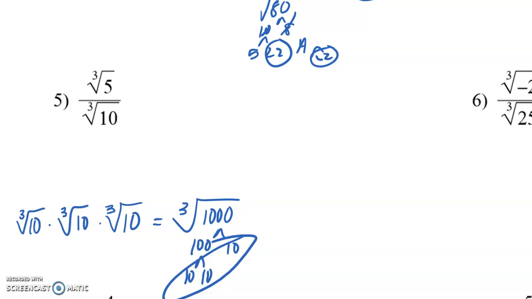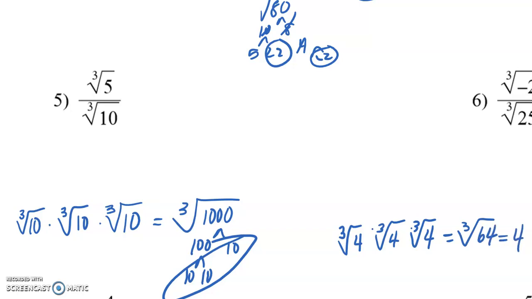Now, you could also attempt to multiply it by anything that will give you a cube. So for example, like the cube root of 4, I could do 4, 4, and 4, and I would have the cube root of 16 times 4 is 64, and that answer would be 4.